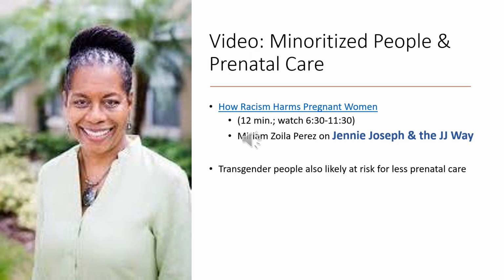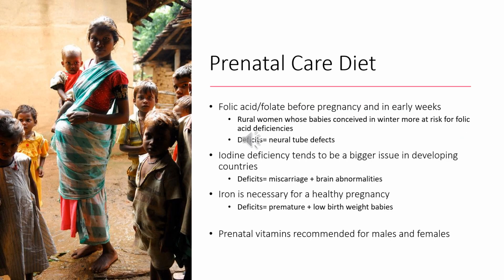And the idea is that racism basically is a contributing factor to why persons of color might not feel comfortable seeking prenatal care, or might not have as high quality prenatal care. And we might see similar patterns also for transgender people, who would be more at risk for not getting adequate prenatal care.